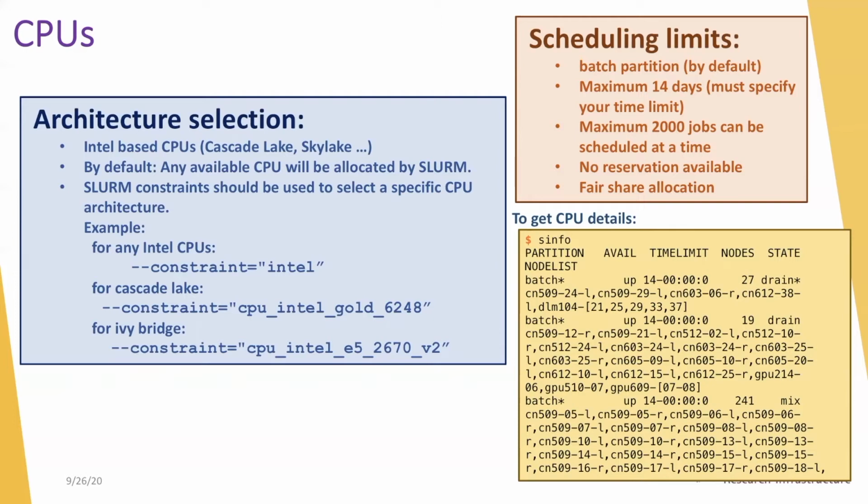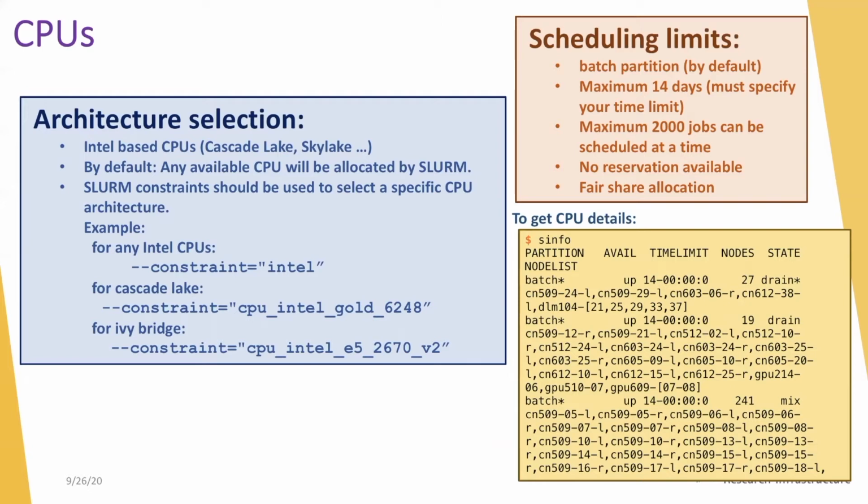If you are not specifying any CPU type, the job will be scheduled on any available CPU. This is done by Slurm. In case you are looking for a specific CPU architecture, you can specify a constraint parameter to select the appropriate CPU from the pool of the IBEX cluster.